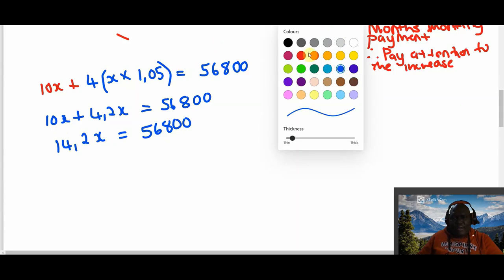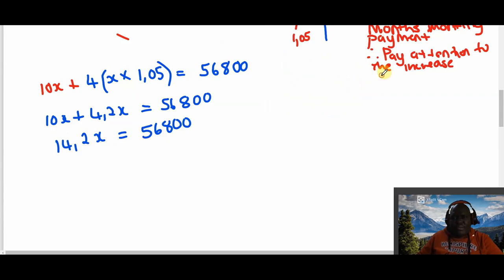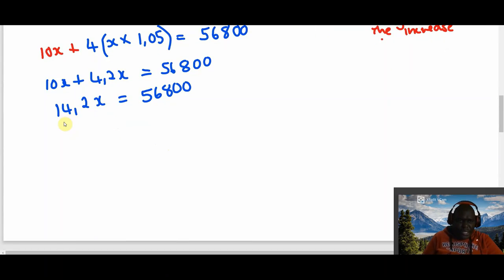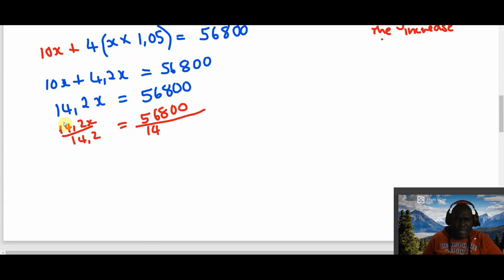Okay, I'm going to try to change the color. And now our interest is in finding what is this x that we're talking about. So the only way we can get this x is when we divide by 14.2. So we're going to have 14.2x divided by 14.2, which is equal to 56,800 divided by 14.2.